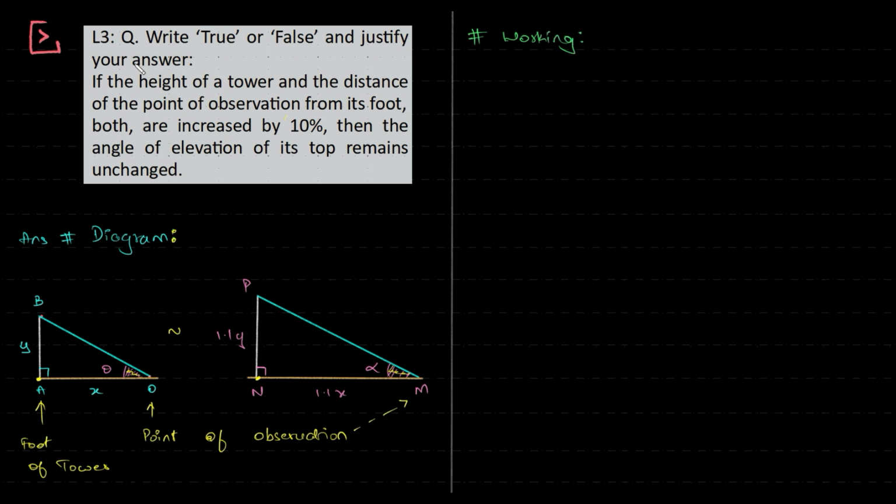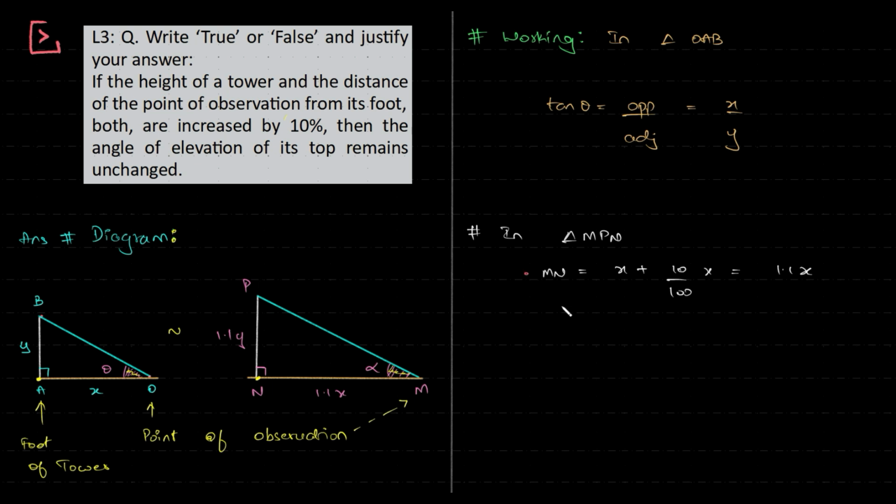So again, we can use similarity or we can use tan and all of that. In triangle OAB, tan of theta, which is opposite by adjacent, is equal to X by Y. And next we have in triangle MPN, MN is X plus 10% of X. So this is 1.1 X. I'm just showing the calculation, not giving a chance to cut any kind of marks.